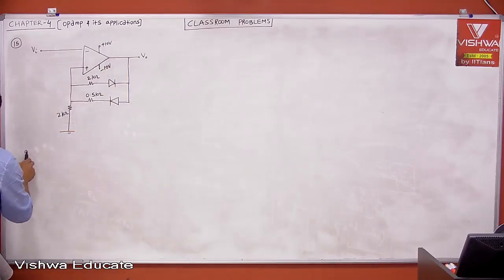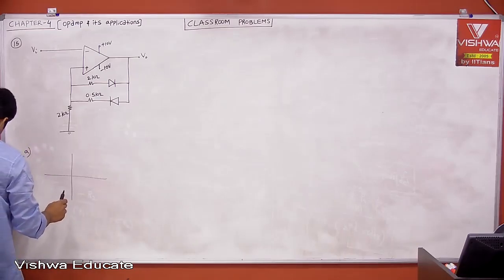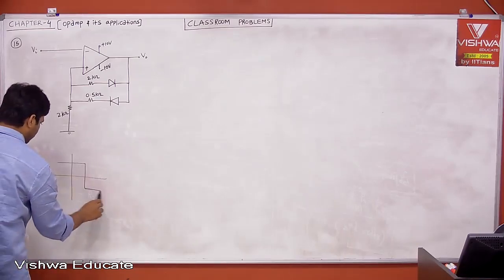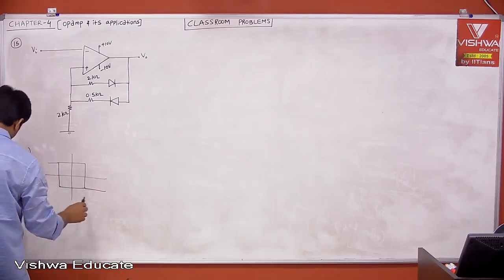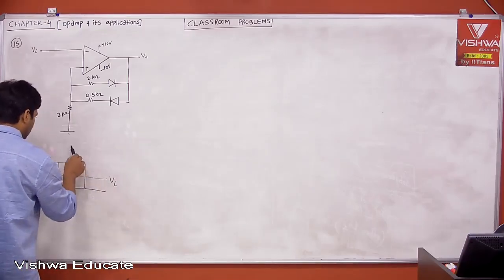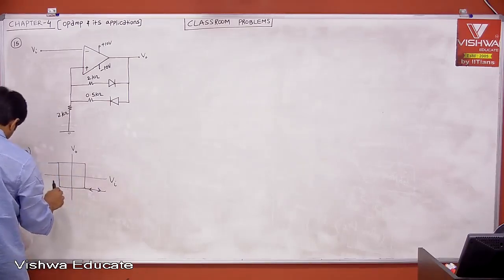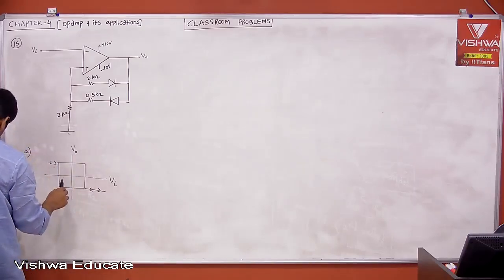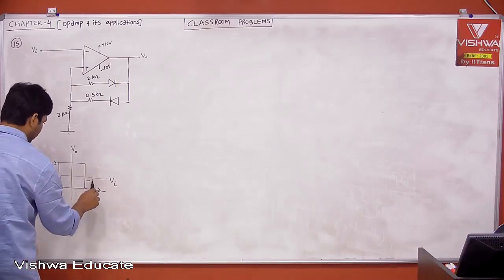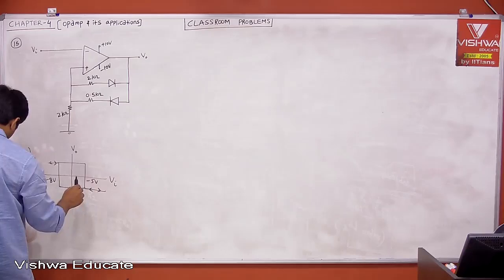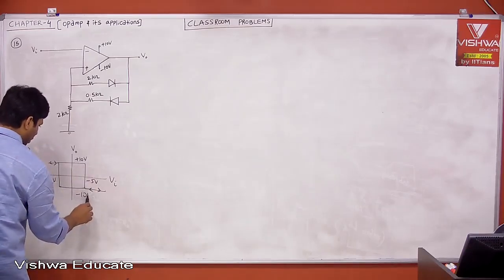I'll give you two options, then you can continue the same for the other options. Then given like this is VI and this is V0, saying that this is minus 8 volt and this is minus 5 volt. Okay, and this is plus 10 and this is minus 10.